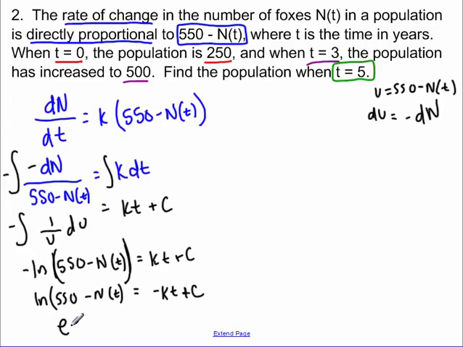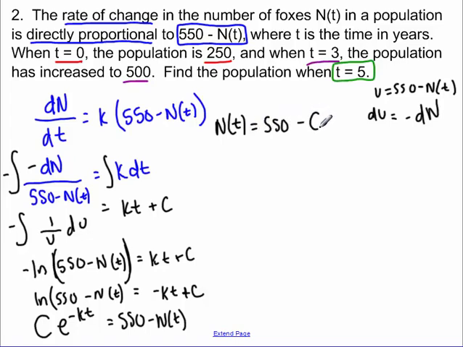So writing this is e to the negative kt. Remember, this big C as the exponent becomes a constant out front, is equal to 550 minus n of t. So solving for n of t, I'm going to subtract this term to the other side and add the n of t to the left. So n of t equals 550 minus c e to the negative kt.